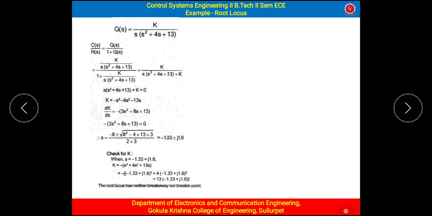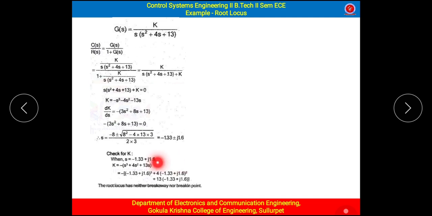When we substitute minus 1.33 plus j 1.6, we get a complex value for k, but our condition says that we have to find the value of s for which k is real and positive.